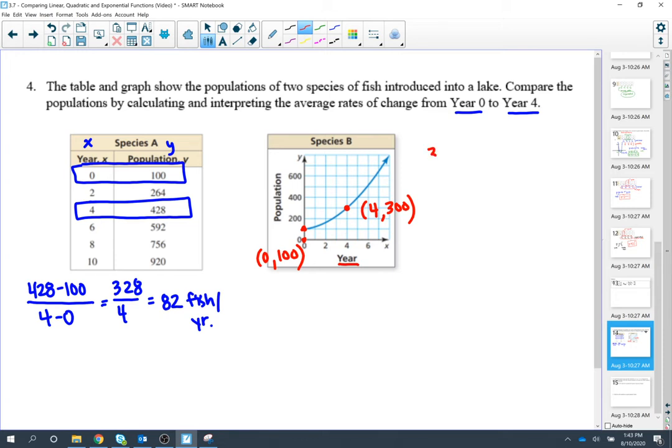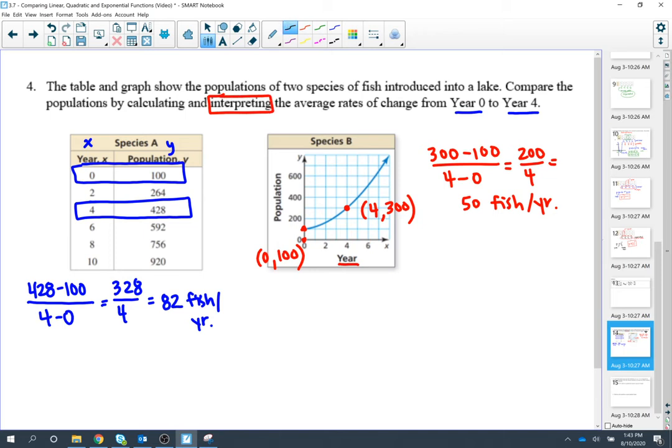So we can take y2 minus y1 over x2 minus x1, which is going to give us 200 over 4, which is going to give us, I believe, 50. Yep. Fish per year.